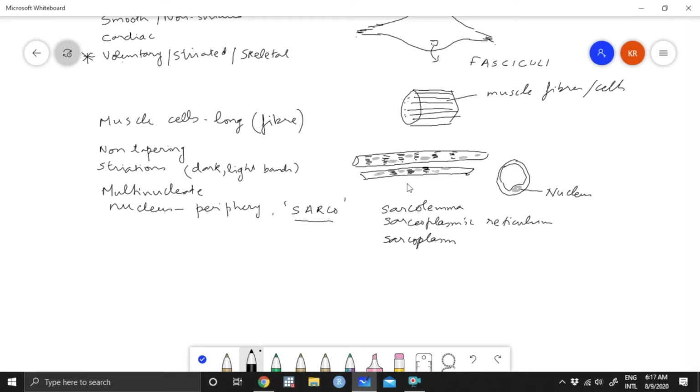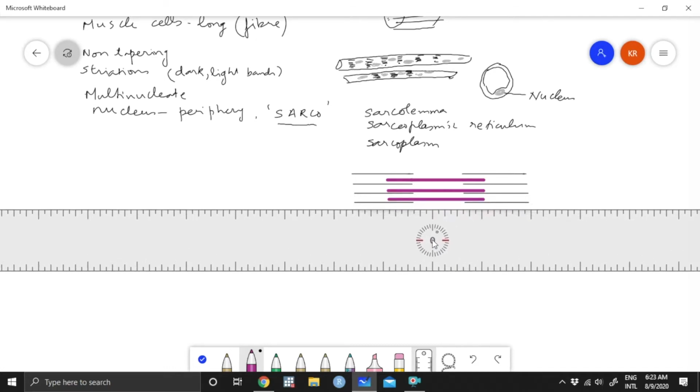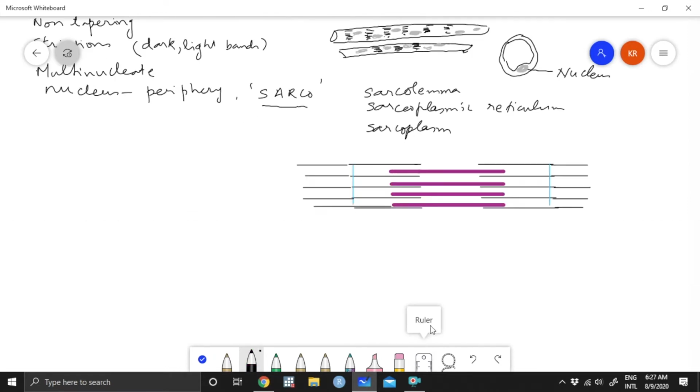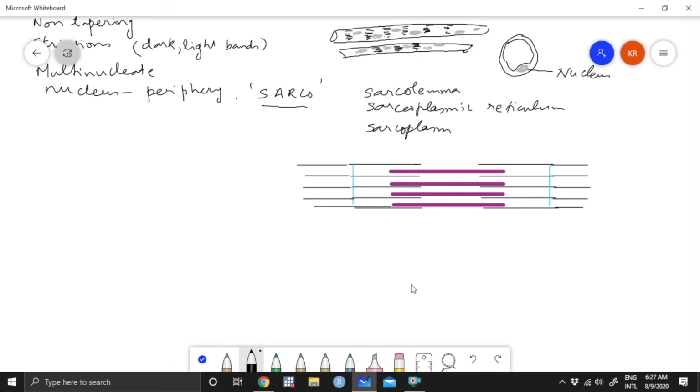So now let us look at these alternate light and dark bands. Right, so what we have drawn is part of a myofibril.